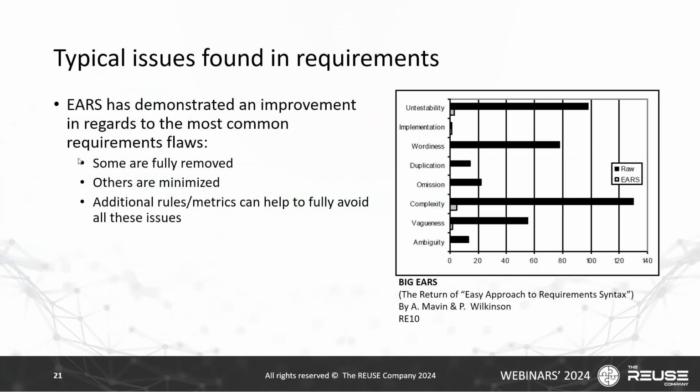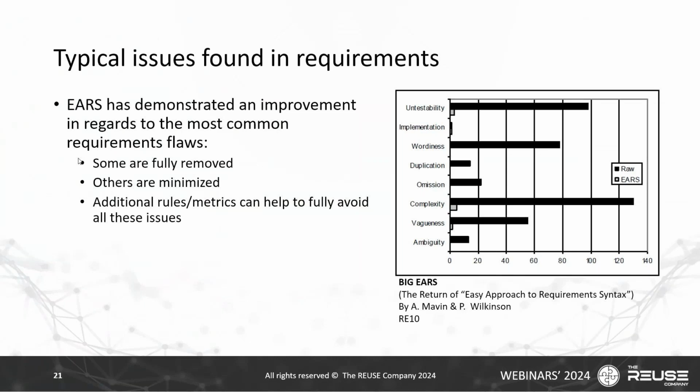So as you can see, aspects like duplication, as I mentioned before, is fully removed. Of course, wordiness, or one of the most typical aspects where your requirements are, I don't know, 1 paragraph, 2 paragraph, 3 paragraph long, is fully minimized when following this kind of approach.